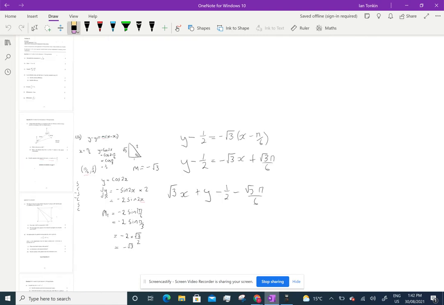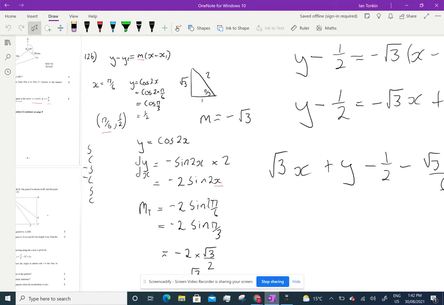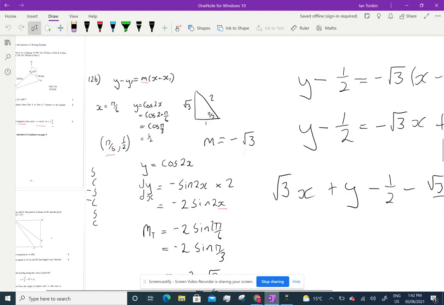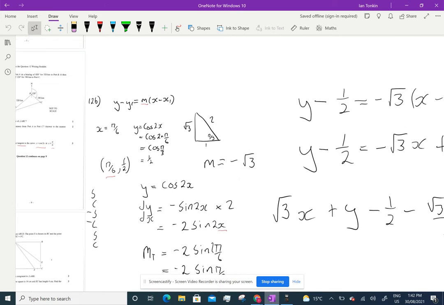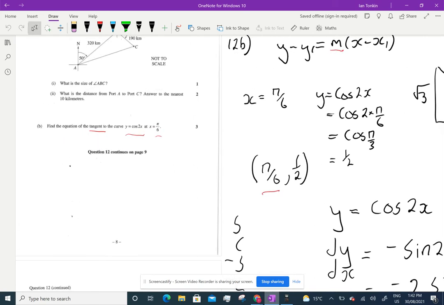When I looked at 2018, I did it, but we haven't started doing differentiation of trig functions yet, so we can't do it. But you can have a look at what I did. So here's a question: find the equation of the tangent to the curve at that point.